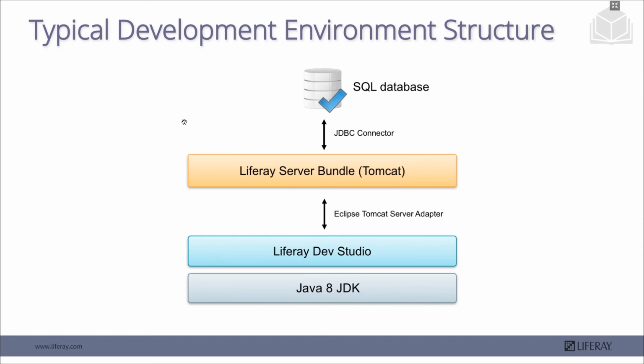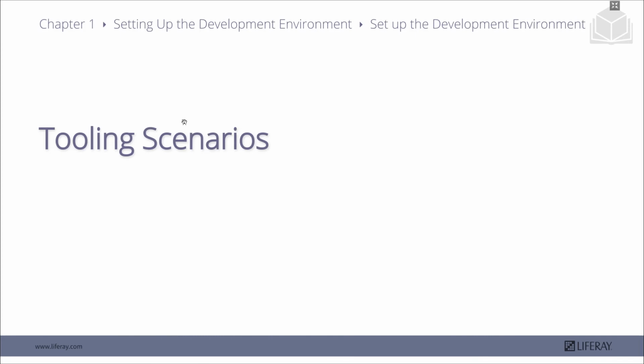The connector behind the scenes is already taken care of. The Liferay bundle is also going to connect to an SQL database. So we'll have a JDBC connector to help us out with that. Okay, so this is what a typical development environment looks like when we add some of the names there. But that's not the only way, right?